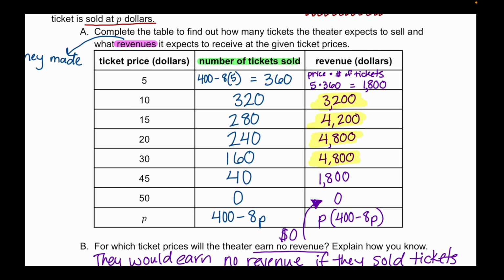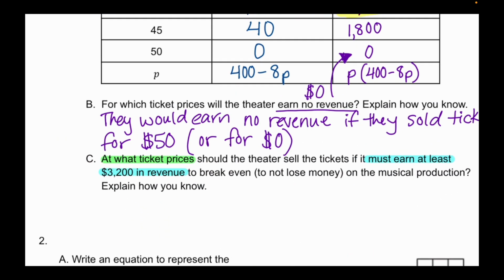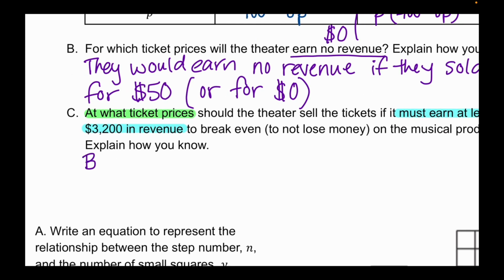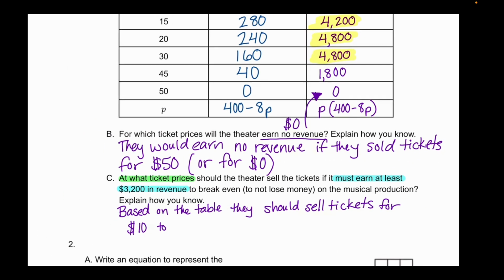But then I have down here $1,800. That's not enough money. So based on our table, and that's how I'm going to phrase my answer, I would say based on the table, they should sell tickets for $10 to, and the last one that worked was 30.